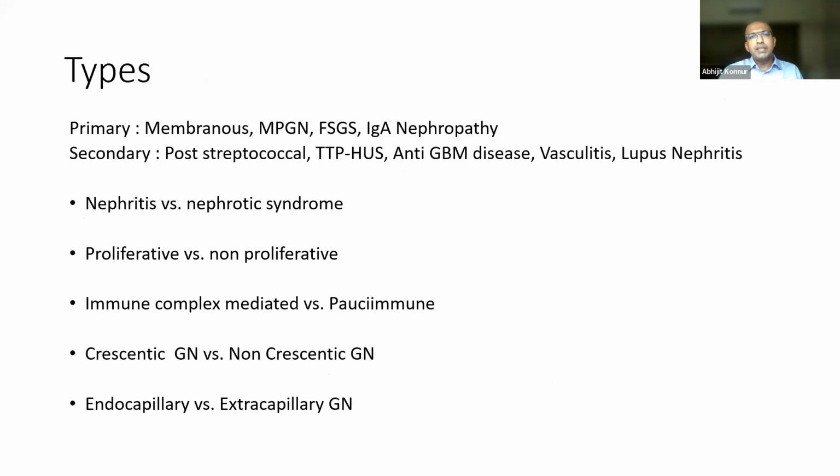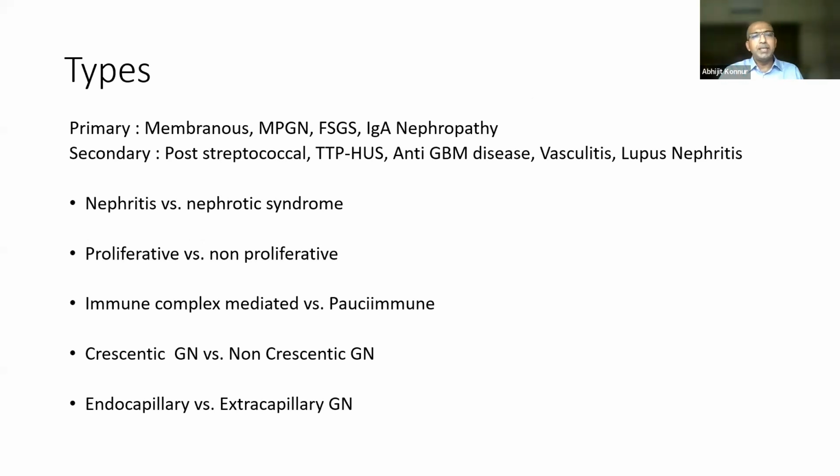Classification of glomerular disease can be in various ways. So it can be primary or secondary. Typically the primary glomerular diseases are membranous nephropathy, membranoproliferative glomerulonephritis, focal segmental glomerulosclerosis, and IgA nephropathy.